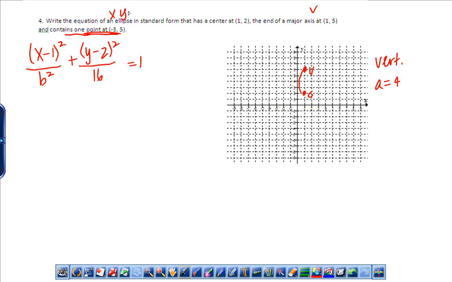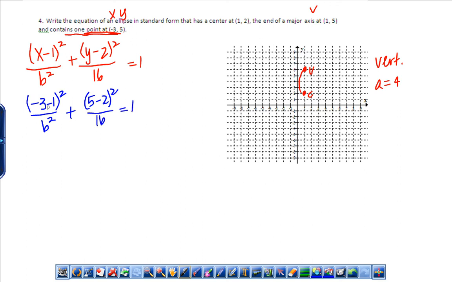So I'm going to go ahead and plug that in since that's all that we know at this point. So that gives us (negative 3 minus 1) quantity squared over b, which we're going to solve for. Our y value is (5 minus 2) quantity squared over 16.